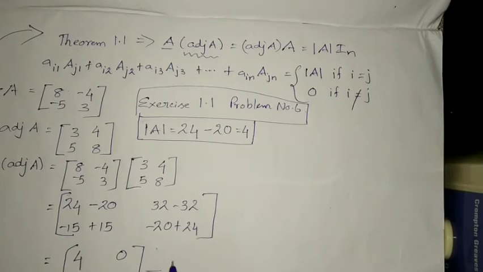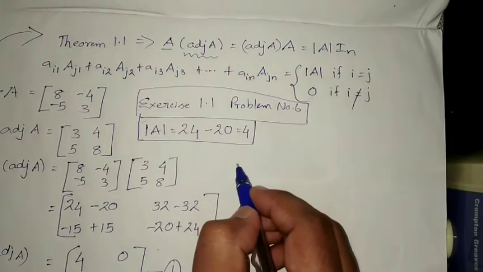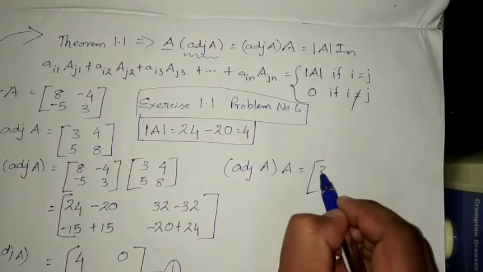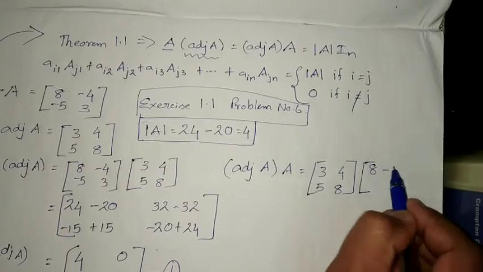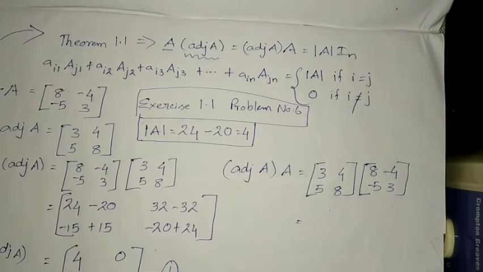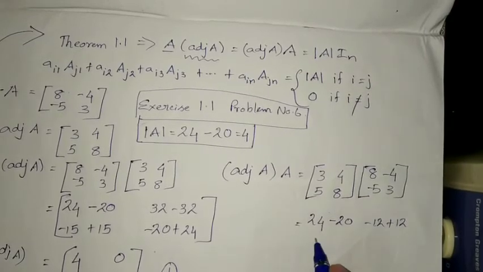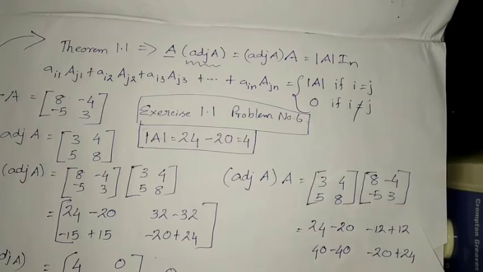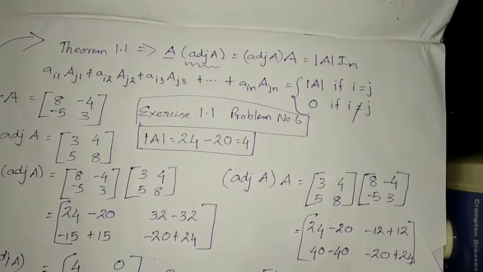This is the first result, A into adjoint A. Now we multiply adjoint matrix A and the matrix A: 3 4, 5 8, the adjoint of A, with 8 minus 4, minus 5 3, the matrix A. The product is 24 minus 20, minus 12 plus 12, 40 minus 40, minus 20 plus 24, equal to 4 0, 0 4.